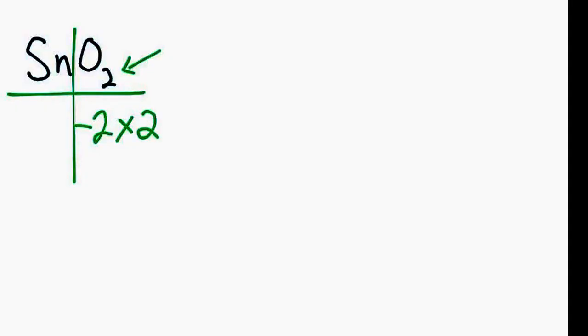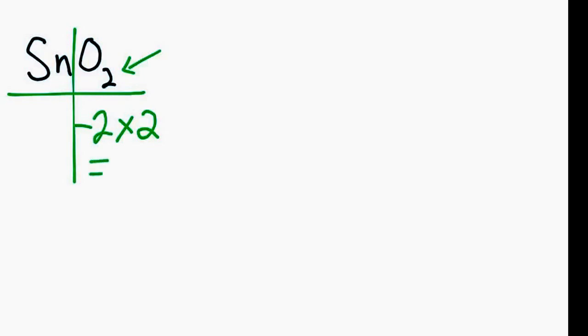Let's do another example. We'll do it with tin again. So, zero-sum rule. Zero-sum rule says oxygen is always -2. There are 2 of them, so we multiply that -2 times 2 atoms.